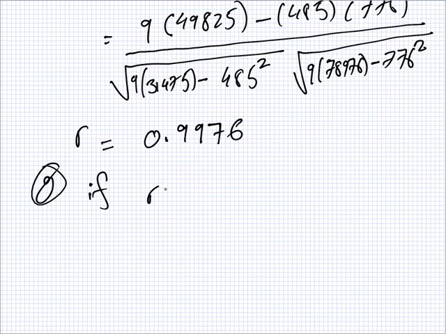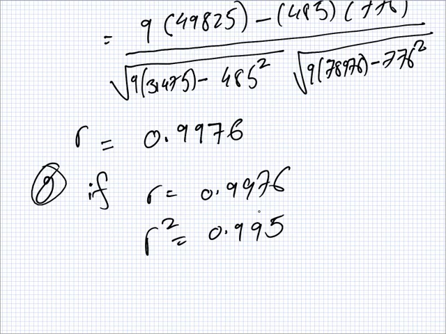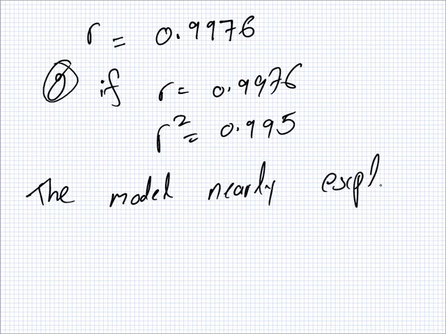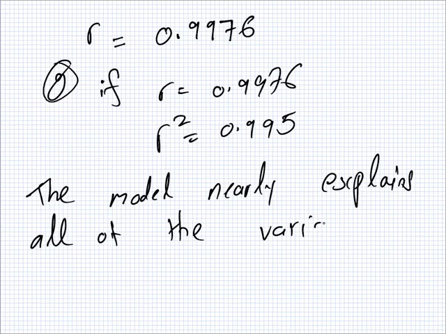If R equals 0.9976, then that means R squared is 0.995, which means the model nearly explains all of the variance. 99.5% is explained.